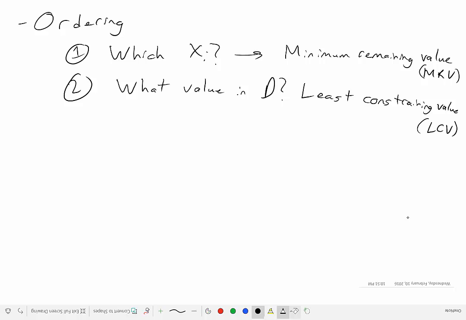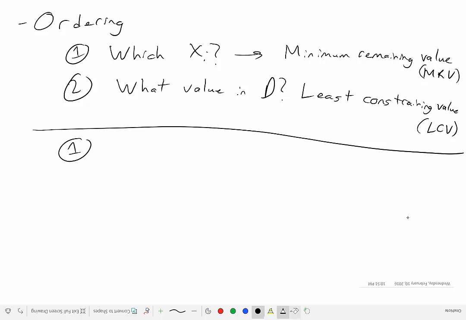Okay, so there's two intuitions for each of these, and they're similar but different. So for one, minimum remaining value is you choose the variable with the least number of values left.